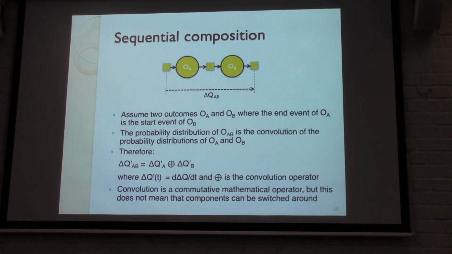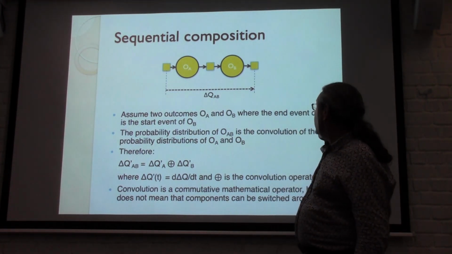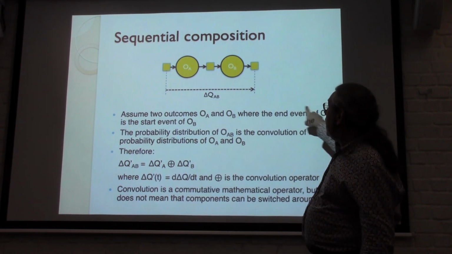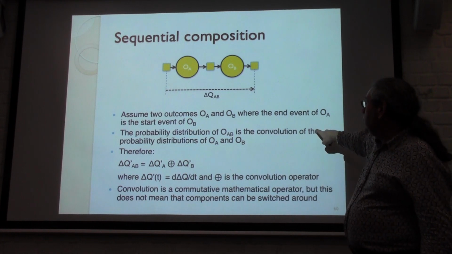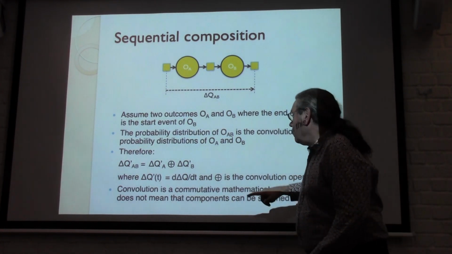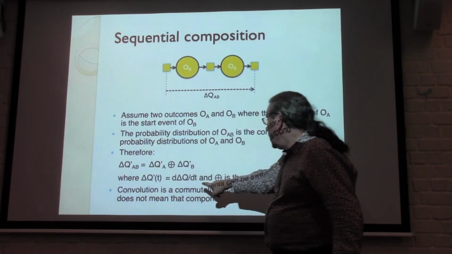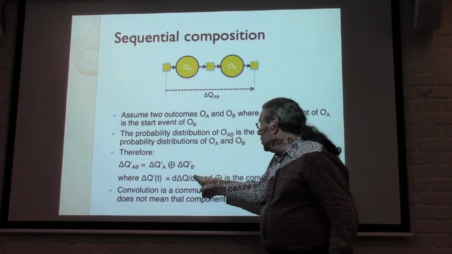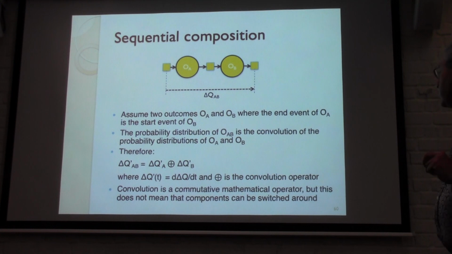It's just a computation. This one we know. You have two outcomes connected causally. The end event of A is the start event of B, and the probability distribution is the convolution. This delta Q prime is actually the derivative, so you're doing the convolution of the probability density functions.